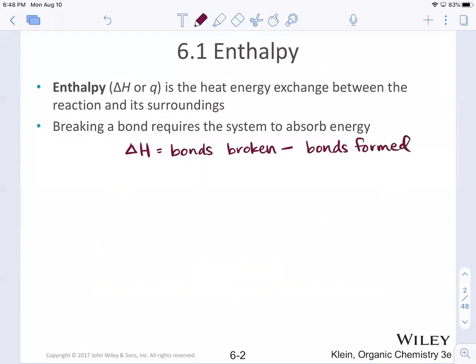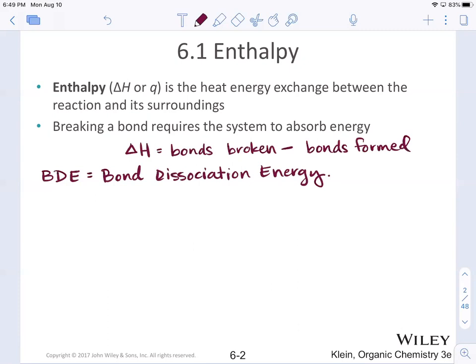So you might have seen this equation before where you have the delta H and it says the bonds broken minus the bonds formed. These are looking at bond dissociation energies. And a bond dissociation energy is the amount of energy required to break a bond. Remember that bonds are formed because of attraction between the electrons and the nuclei.